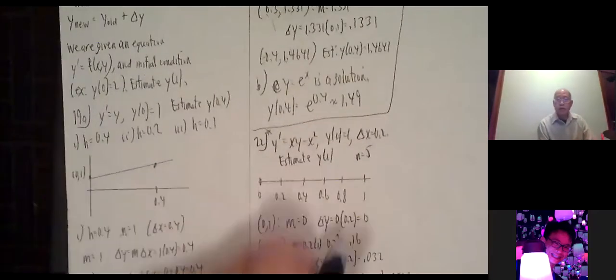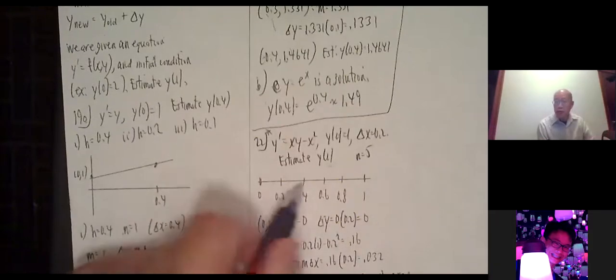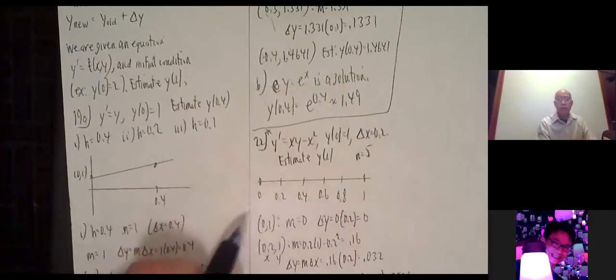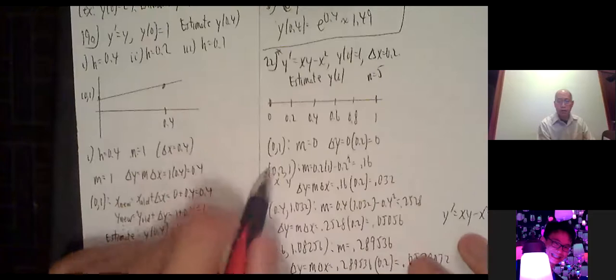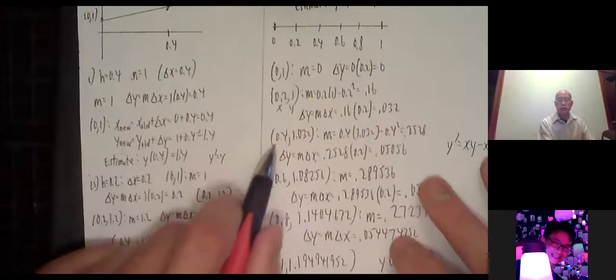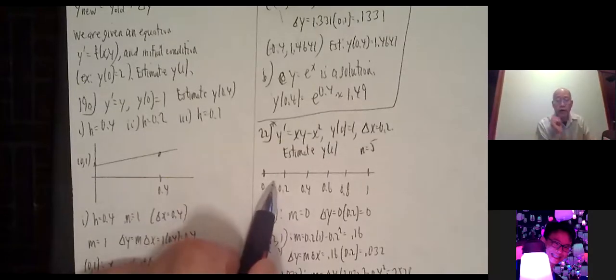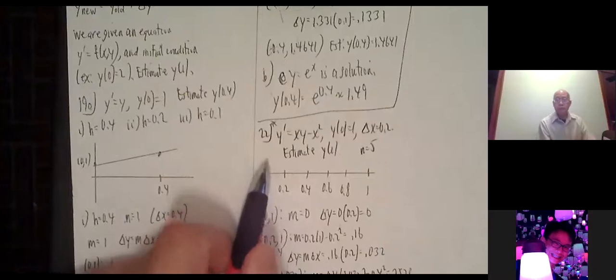There's no mystery. Because you start at 0, the delta x always stays the same, 0.2. So if I add 0.2 every time, I'm going to have 0.2, 0.4, 0.6, 0.8, and 1. The thing that you have to figure out are the y's from the delta y's.